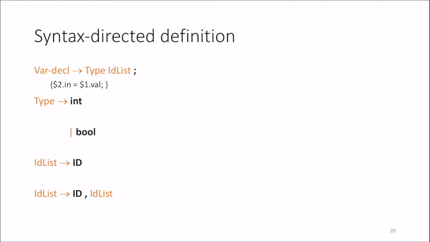So the first one is the case where it's getting it from its sibling. So $2, which is ID list, is getting the value $1.value, which is type. And so in this equation, you can see that I'm taking the value and assigning it to this .in, an inherited attribute in ID list.